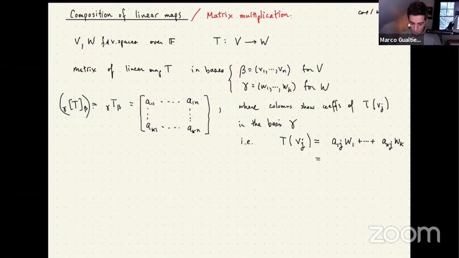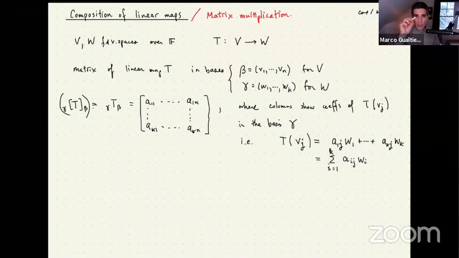Or in other words, I can write it as the sum of Aij wi, where i goes from 1 to k. So the entries of the matrix are determined by this formula.